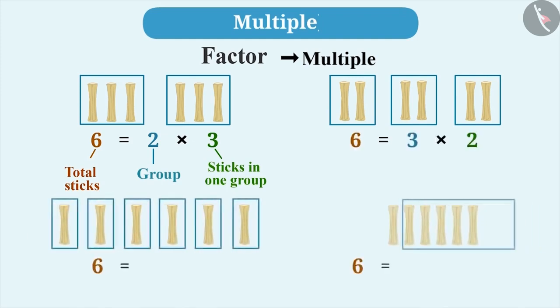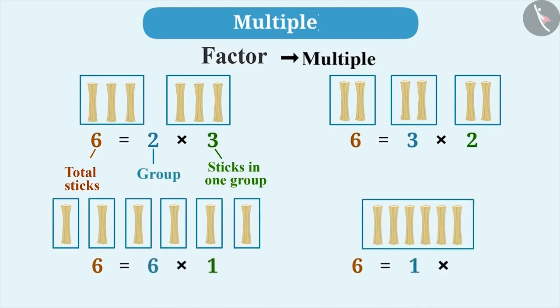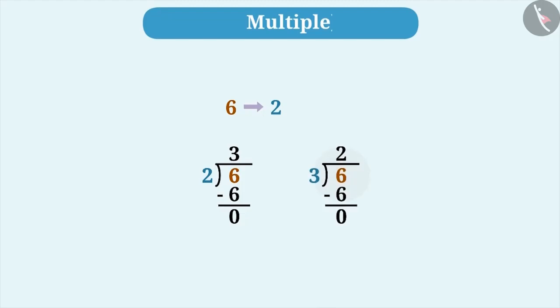Similarly, we express 6 as 6 multiplied by 1 and 1 multiplied by 6. Number 6 is a multiple of number 2. This is because 6 is divisible by 2. Similarly, 6 is also divisible by 3. Therefore, number 6 is also a multiple of 3.